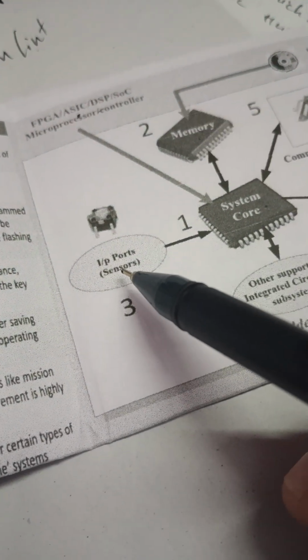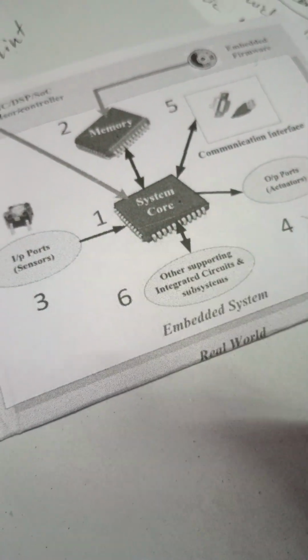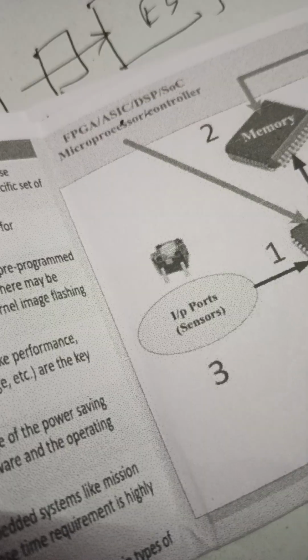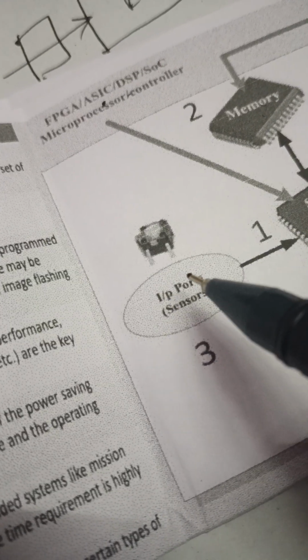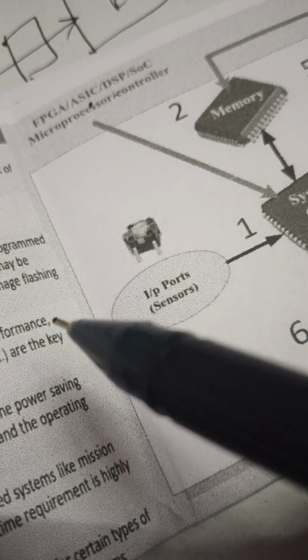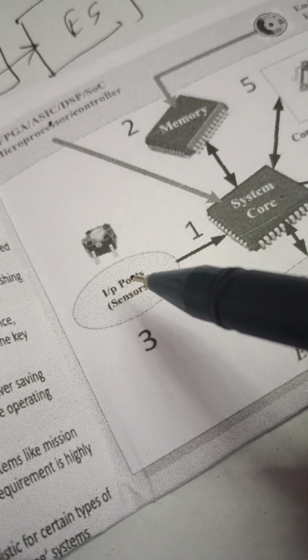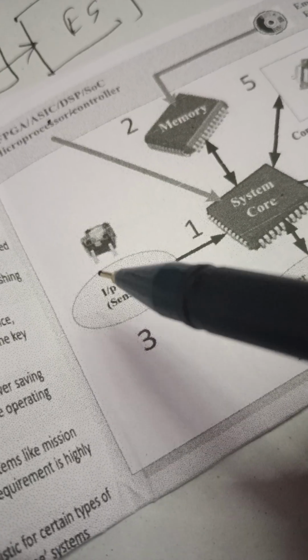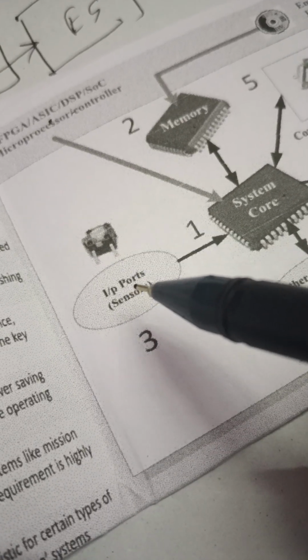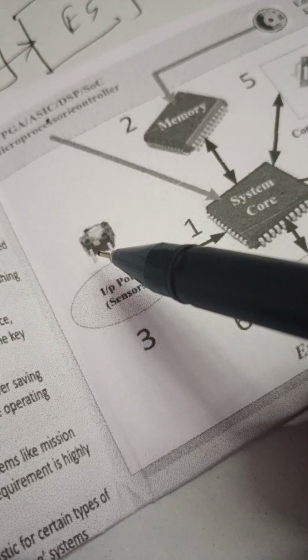Then we have input ports. Input ports and output ports are both one-sided. Input ports basically take the input from the real world and feed it into the system core. The input ports can be connected to sensors or any input devices such as switches.